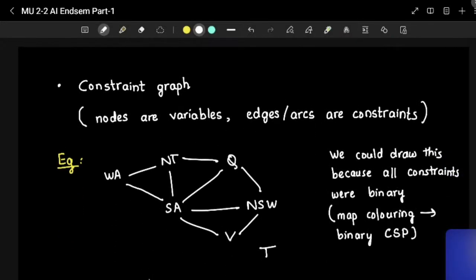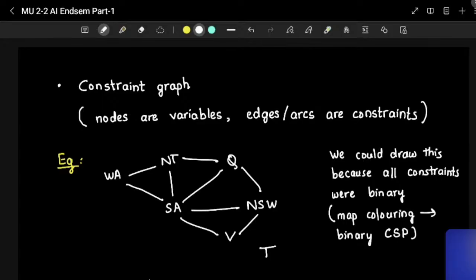How do you represent the problem? You have something called the constraint graph. Basically, you first write down all the variables, they become your nodes, and if any two nodes are related, in the sense that you find them in the same constraint.